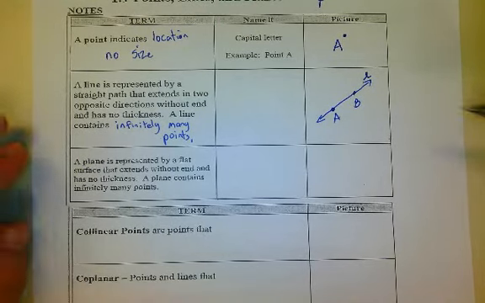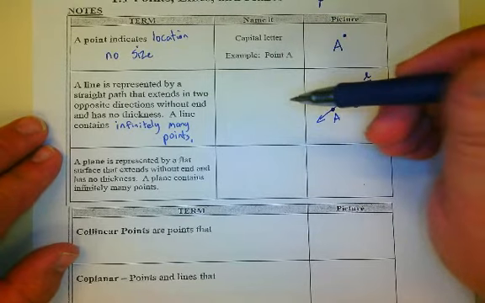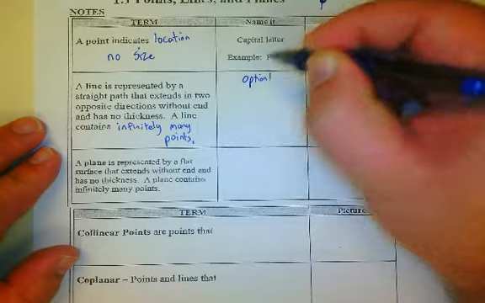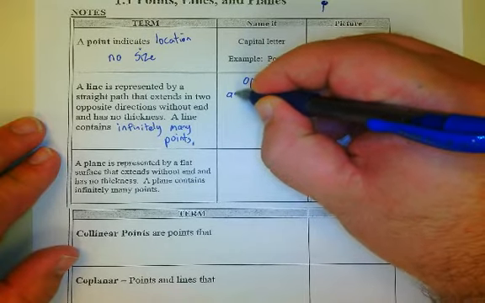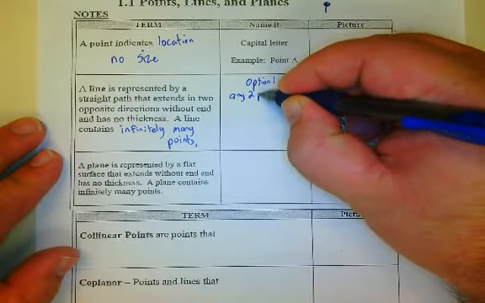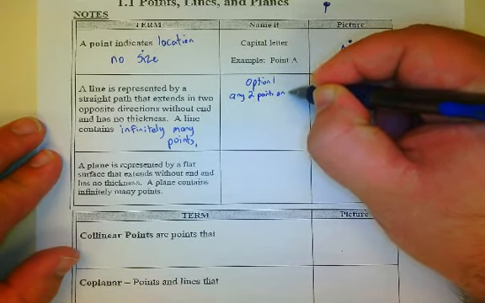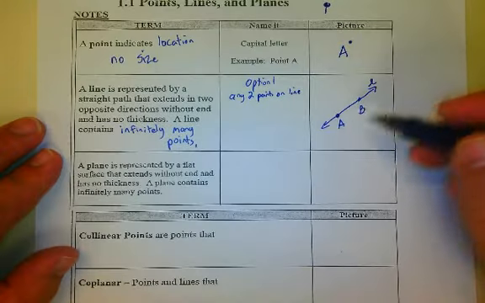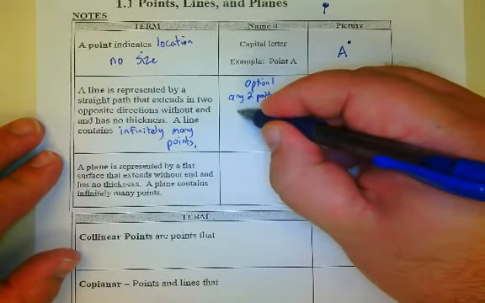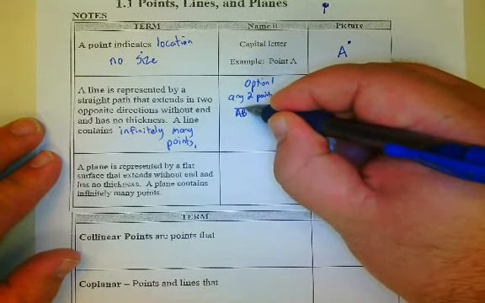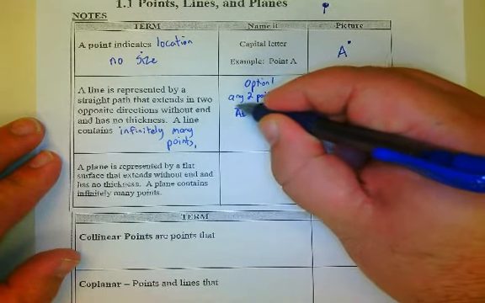Now, to name a line, there's two options. Option one, you could name any 2 points on the line. So this line right here, we could call it AB, and to label that, we put a line over it with 2 arrows.